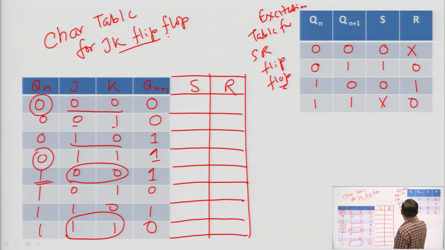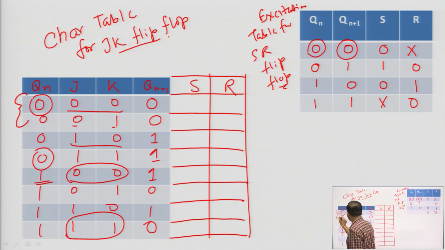See, Qn is 0 and Qn plus 1 is 0. Okay. Qn is 0 and Qn plus 1 is 0. So, in both the cases Qn is 0 and Qn plus 1 is 0, but S and R are 0 and cross.